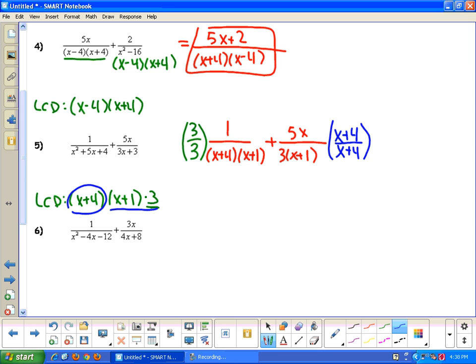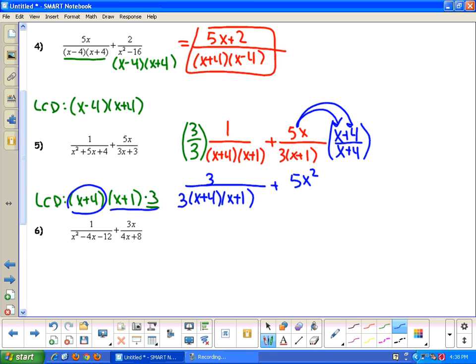When I do that, I'm going to multiply my numerator and denominator by the number that makes my least common denominator. So 3 times 1 would give me 3 over 3 times x plus 4 times x plus 1. And then this would be 5x times x, which gives me 5x squared.